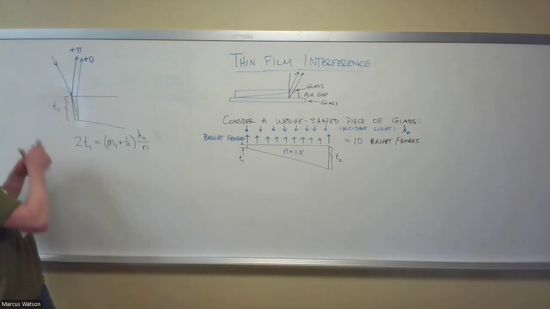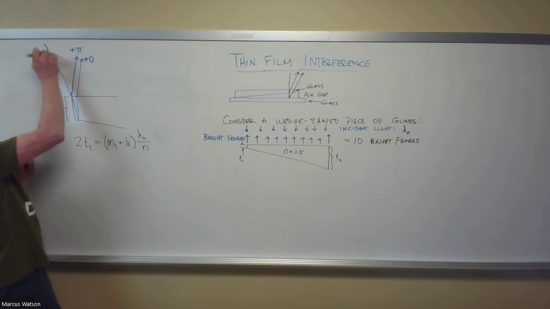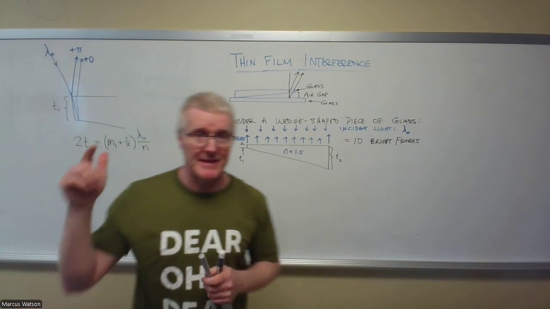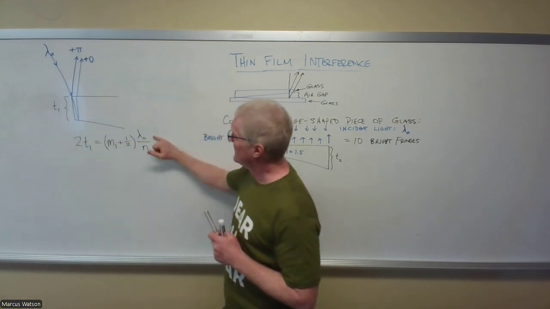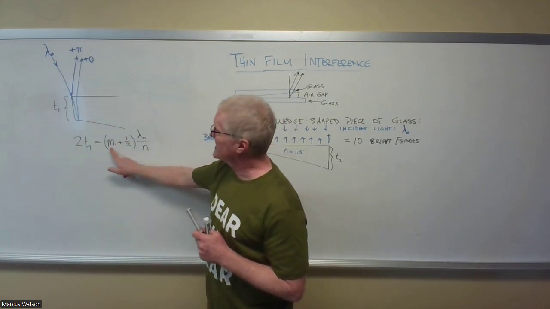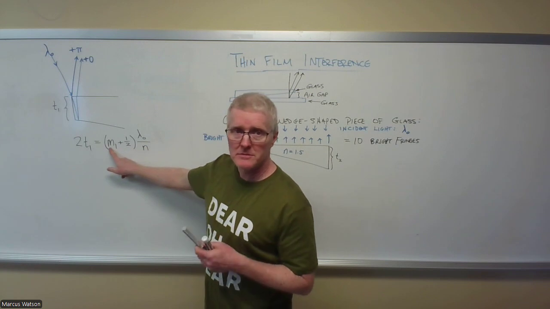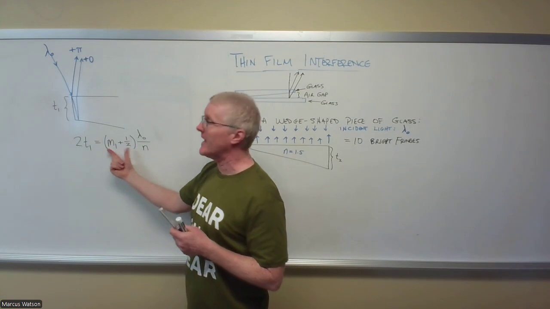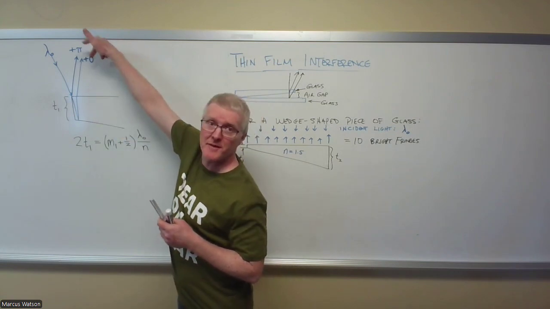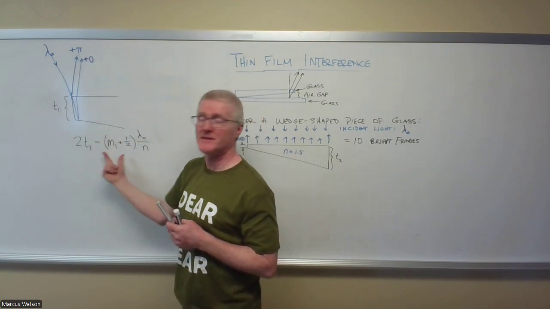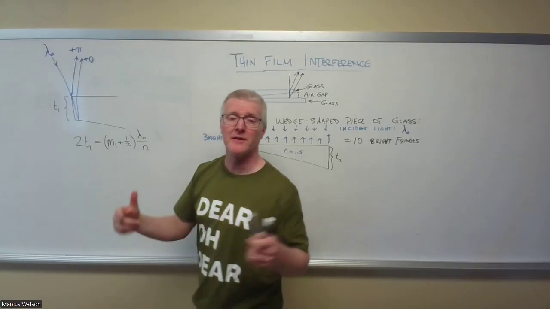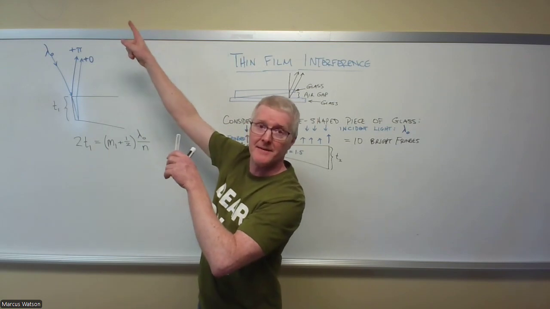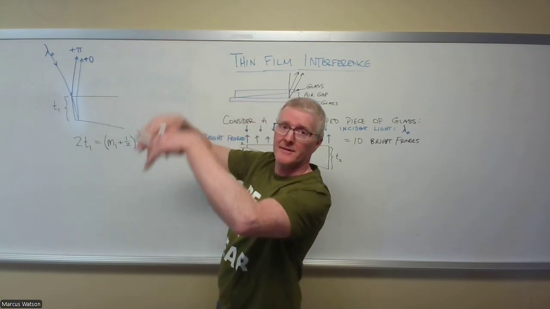So it's this stuff that's coming in, lambda naught, and when it gets into the glass, it's lambda naught divided by n. And it's some number plus a half, so this is going to be the thing that takes care of this phase shift. This is bringing in a half wavelength shift. And therefore, I am hoping to get them doing this when they're exiting, okay? They're exiting like this.